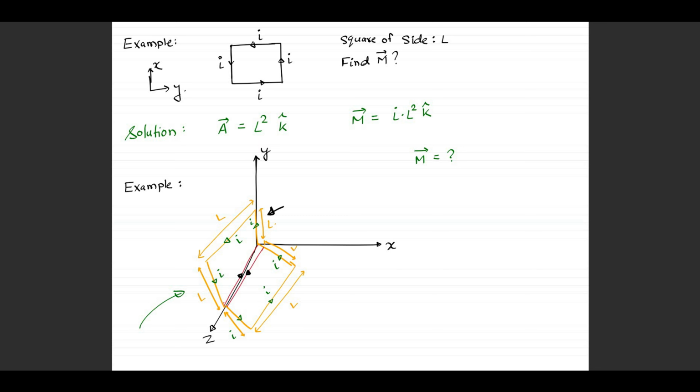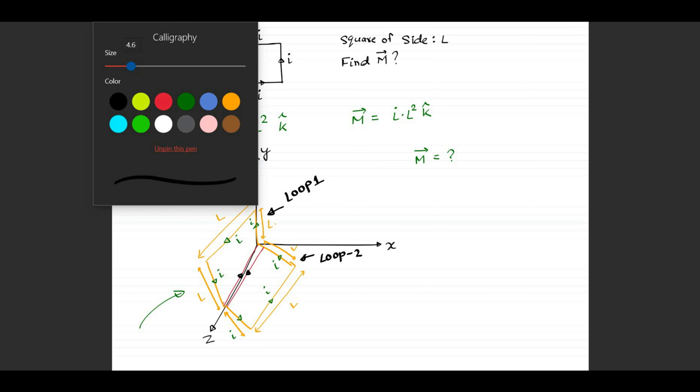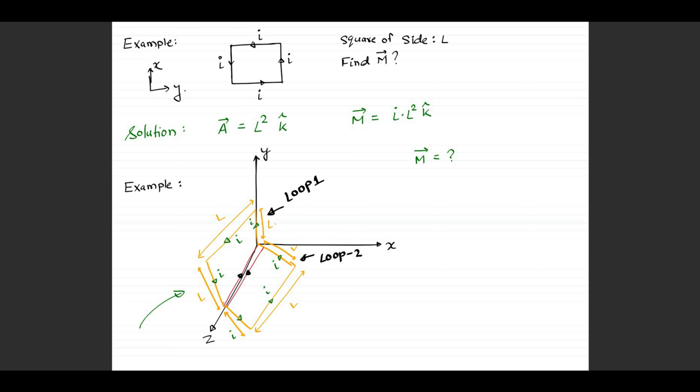So now I have two loops, one the upper loop, that is loop 1, and one is the below loop, that is loop 2. If I talk about loop 1, current is I, area is L square. If you curl your fingers in the direction of current, your thumb will point in the direction of positive x.